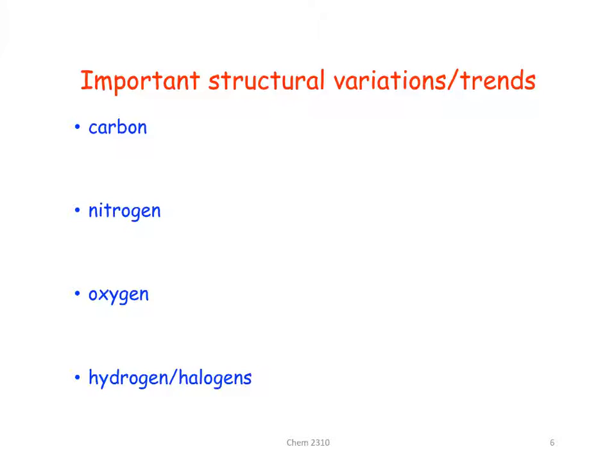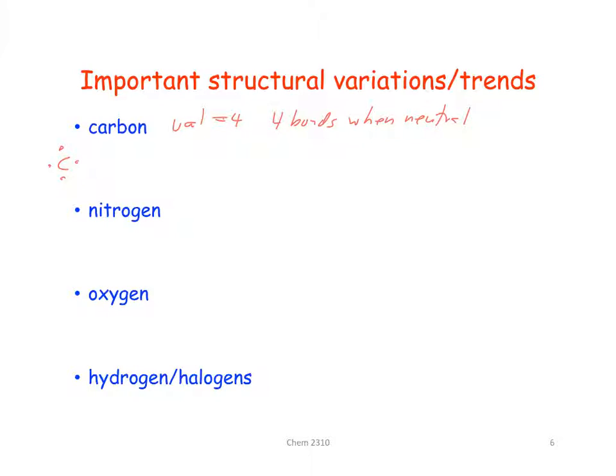Okay, so for carbon, we know carbon has a valence of 4. What that means is that when it's neutral, it's going to have 4 bonds, because it essentially has these 4 unpaired electrons.